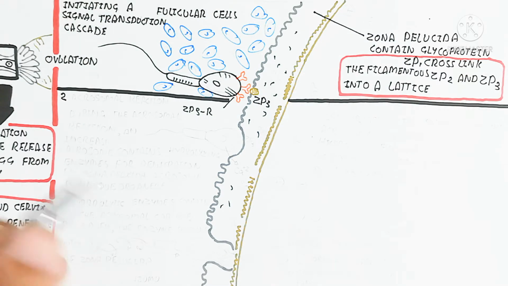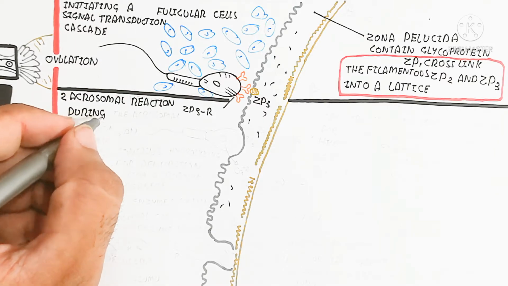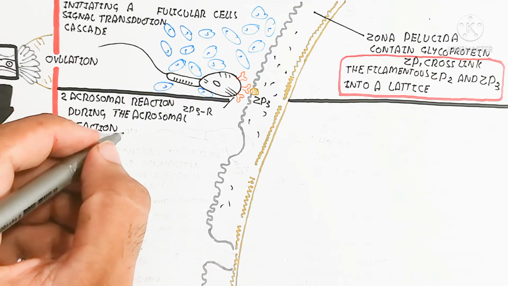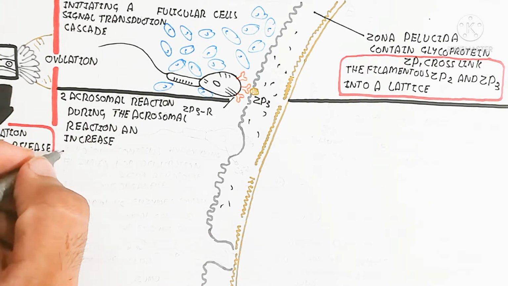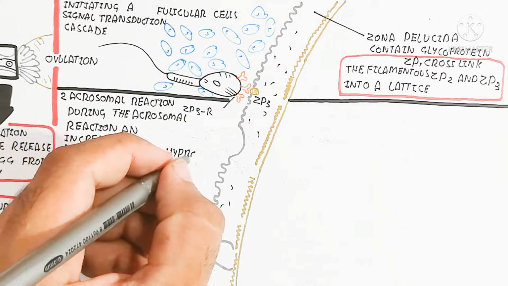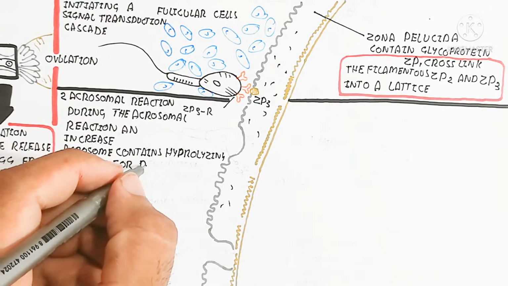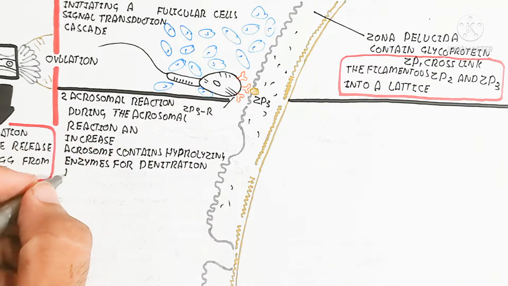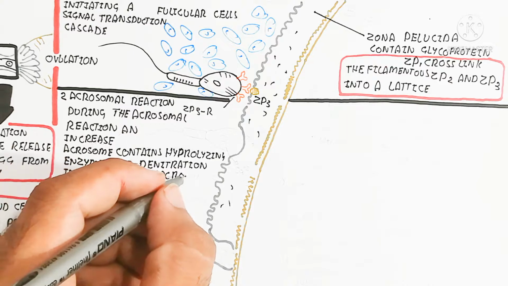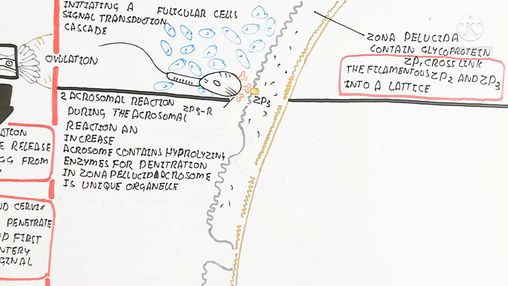In this acrosomal reaction, the acrosome contains hydrolyzing enzyme for penetration of the zona pellucida. The acrosome is a unique organelle which excretes enzyme. So here you can see the acrosomal reaction. Before the acrosomal reaction, calcium is released from the sperm into the zona pellucida.